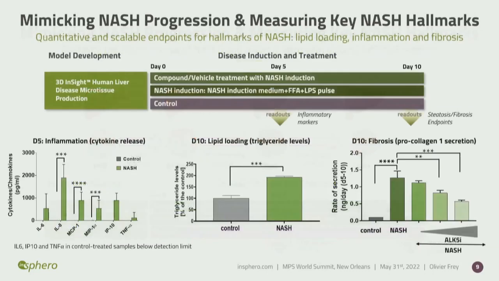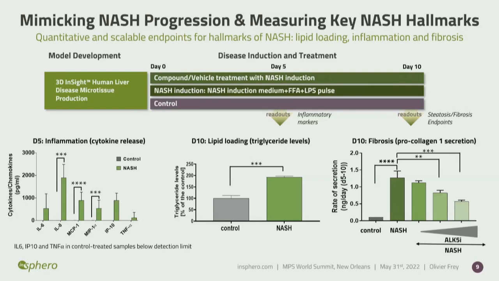This can also be seen using different markers. The inflammation cytokines are coming up with the TNF-alpha stimuli, as you can see on the left side. We can see the lipid loading in, for example, the triglyceride content if you compare the control conditions, cultured with standard conditions, and the NASH conditions, where we have added free fatty acid and LPS stimuli.